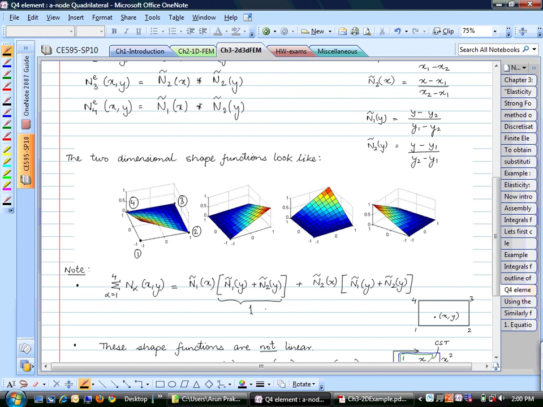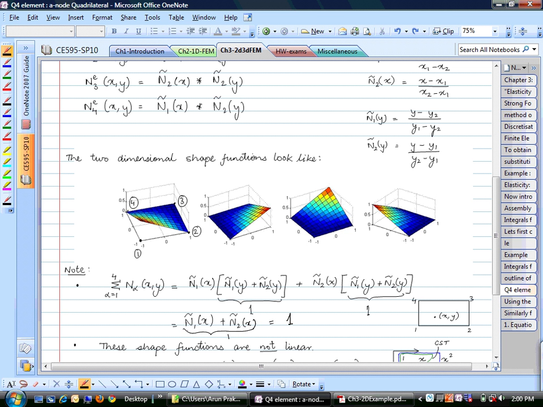So this is 1, this is 1, which leads to that n1 tilde x plus n2 tilde x, and this itself is also 1.